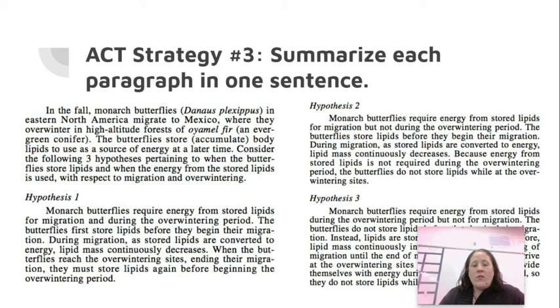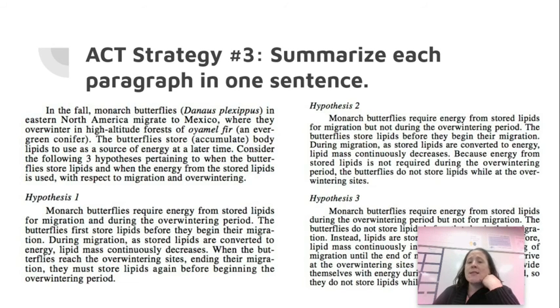When the butterflies reach the overwintering sites, ending their migration, they must store lipids again before beginning the overwintering period. So this says they require energy from stored lipids for migration, and also during the time at which they are staying down in Mexico during the winter.